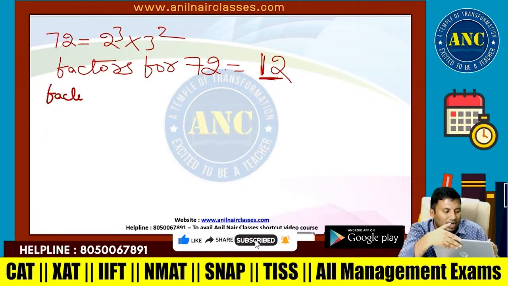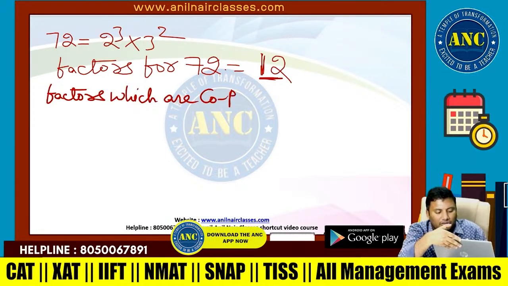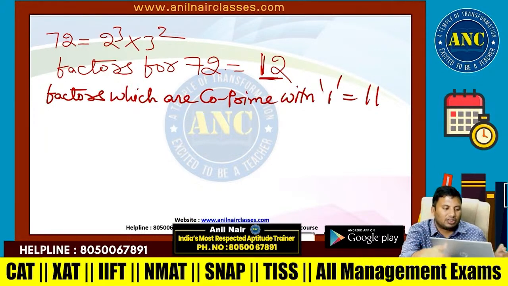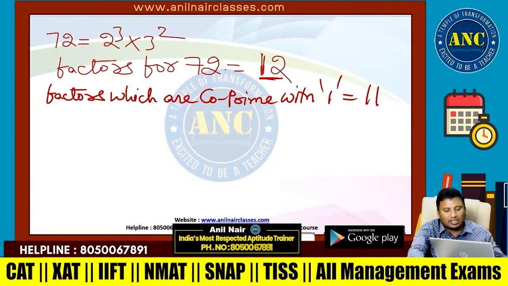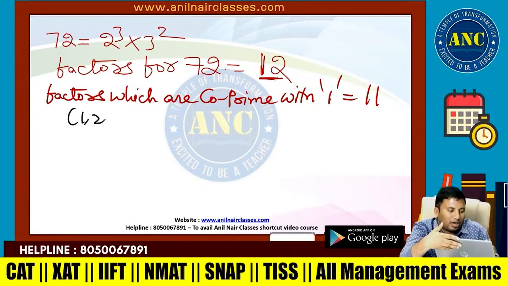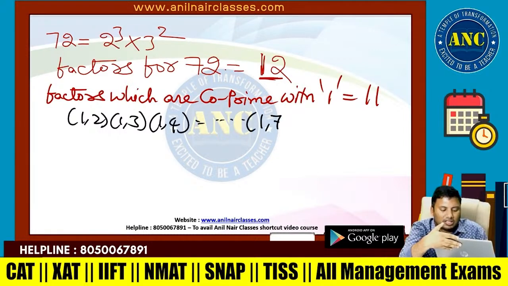Factors which are co-prime with 1 are 11. What are they? 1 and 2, 1 and 3, 1 and 4, and so on up to 1 and 72.